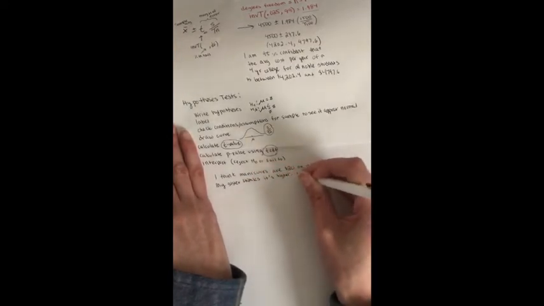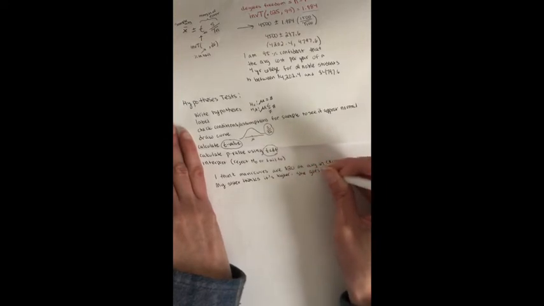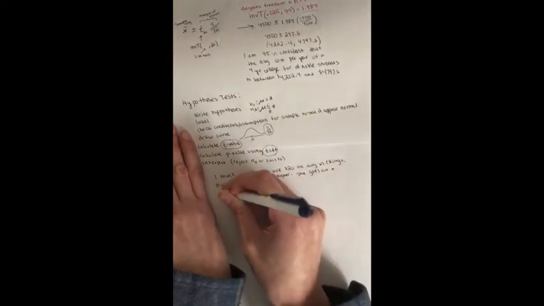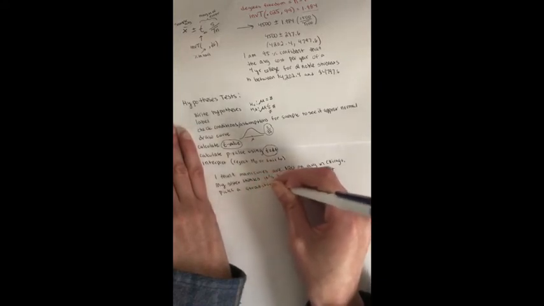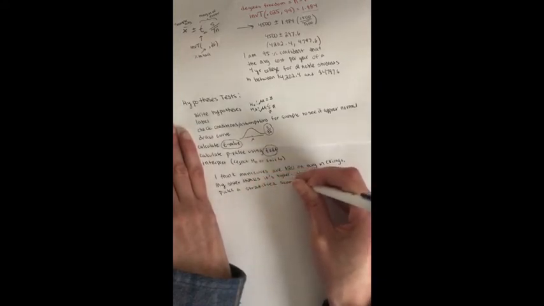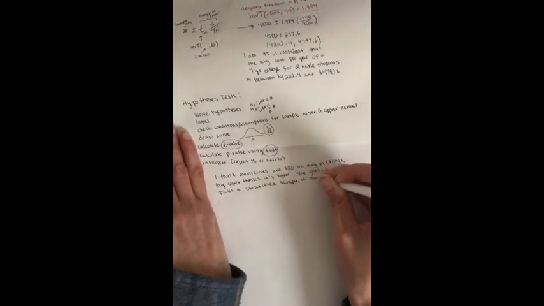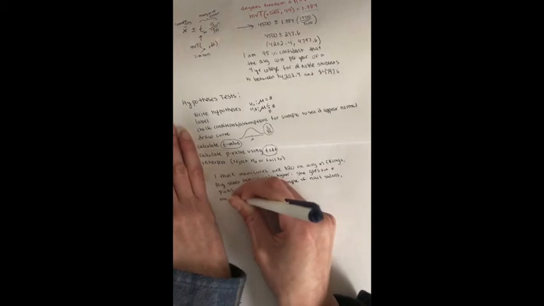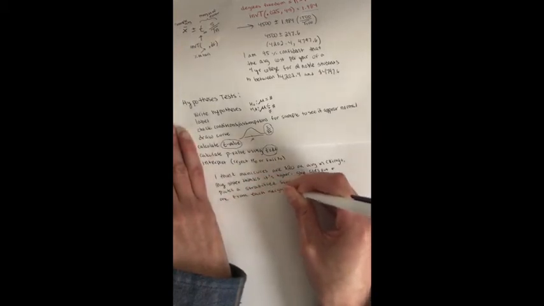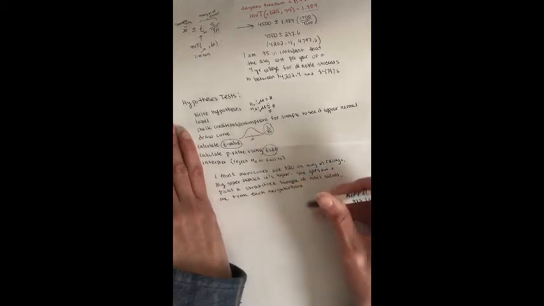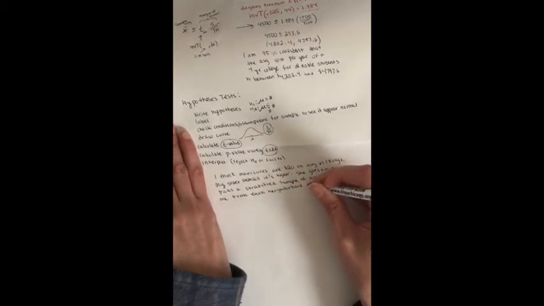So what she does is she goes out and picks a stratified sample of nail salons, one from each neighborhood, and gets a sample of 60.